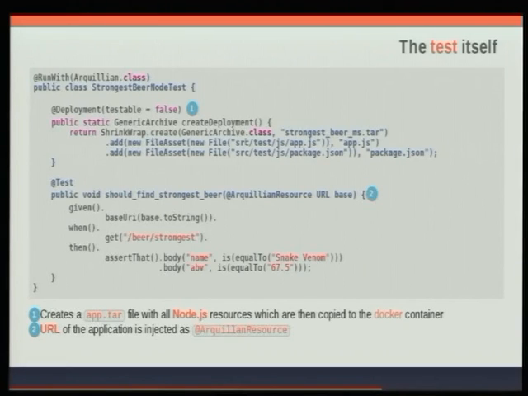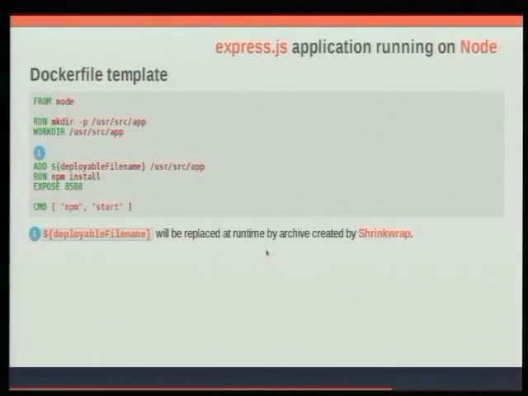And beyond that, we have the same testing abilities moving down. So there's a Docker template instead of a Dockerfile. And I think the only variable we support for now is the deployable file name, which is the tar file that's the output of that deployment method.